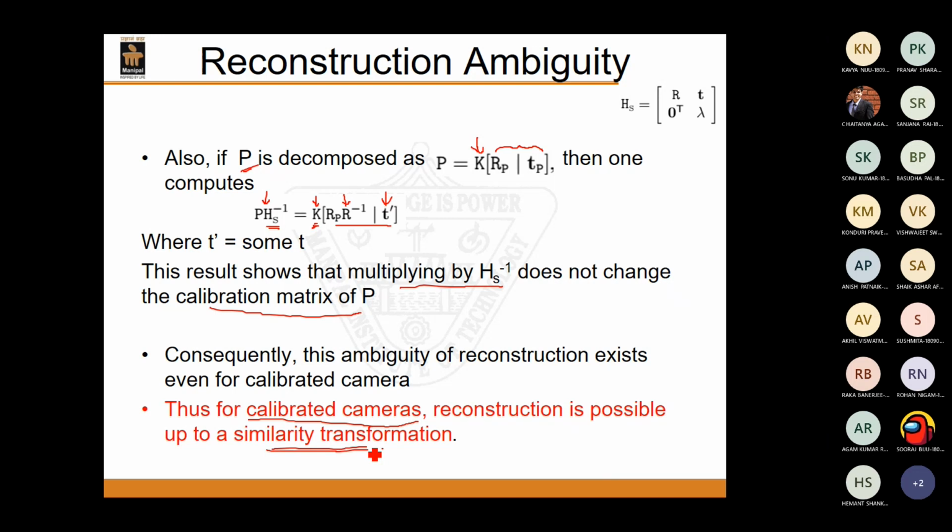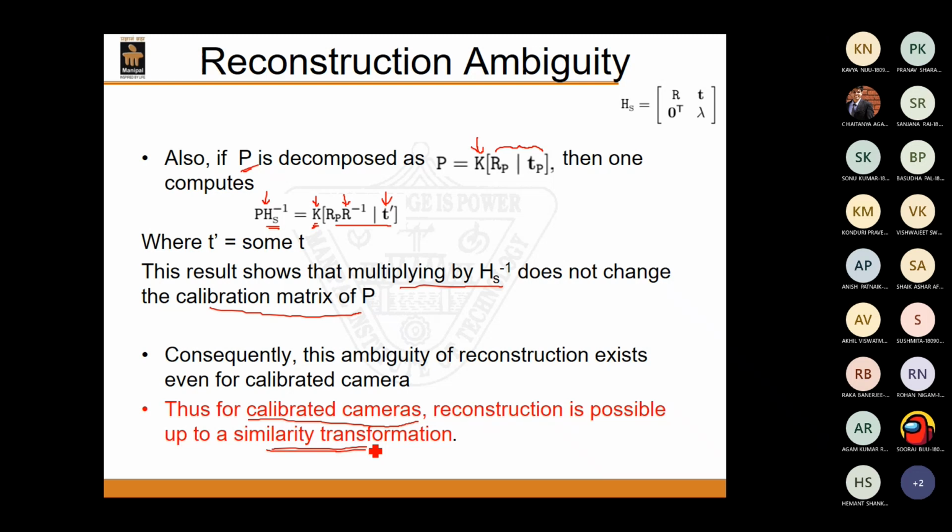But for uncalibrated cameras, where the internal and external parameters are not known to us, the reconstruction is possible up to a projective transformation. We'll be seeing that later. What that means is the internal parameters would also change accordingly.